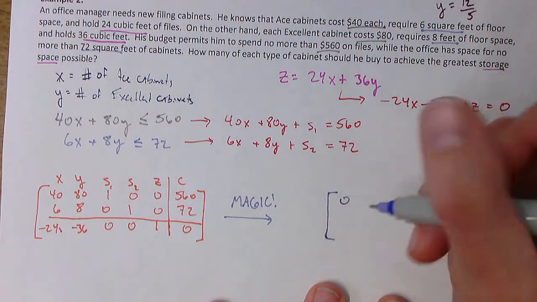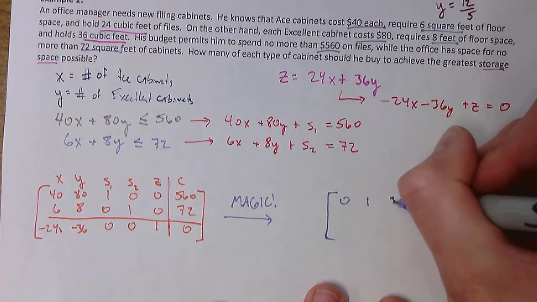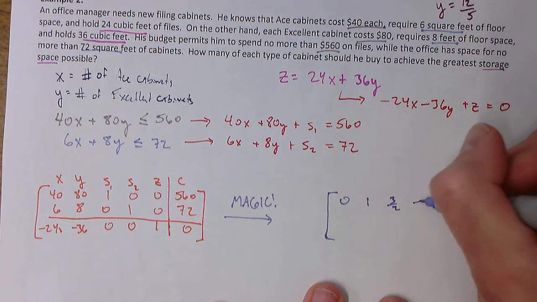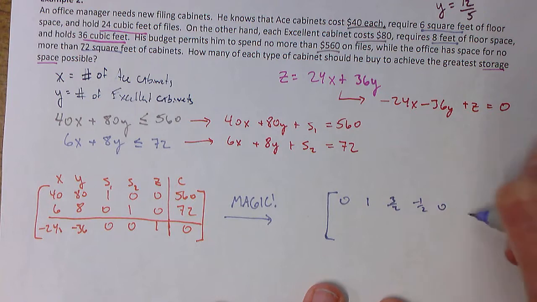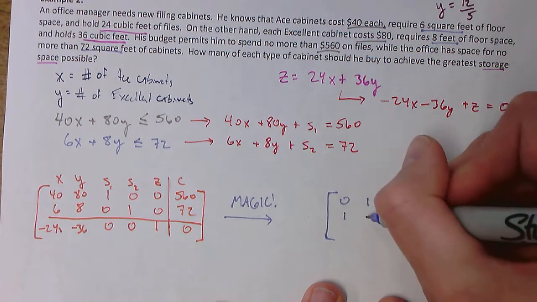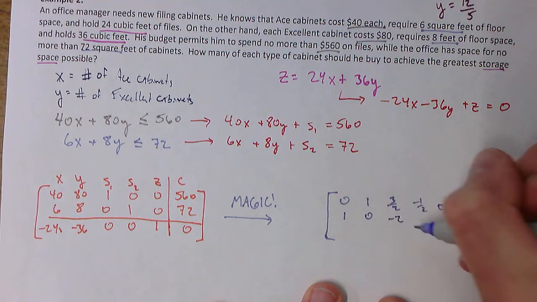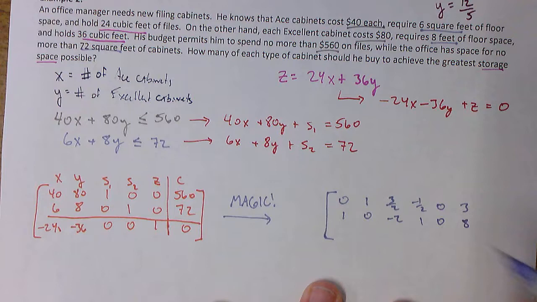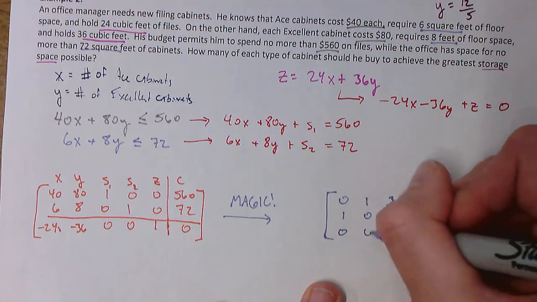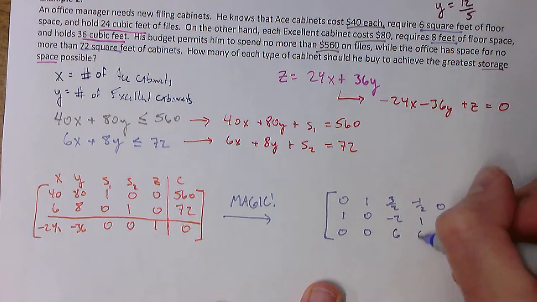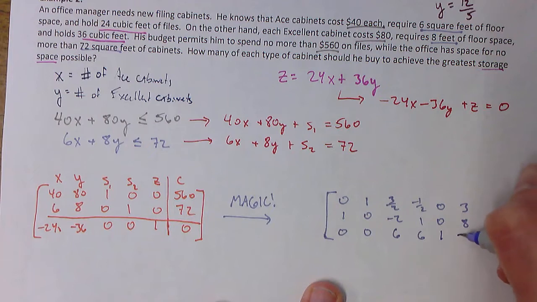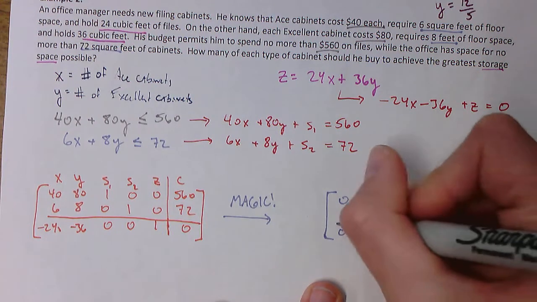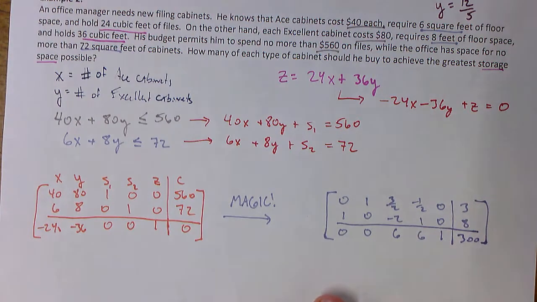The first row is 0, 1, 3 halves, negative 1 half, 0, 3. Next one is 1, 0, negative 2, 1, 0, 8. And then the bottom row is 0, 0, 6, 6, 1, 300. Okay, and then I'm just formatting that, adding my lines in where they go.